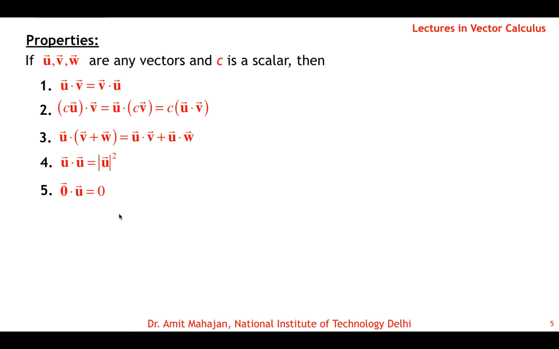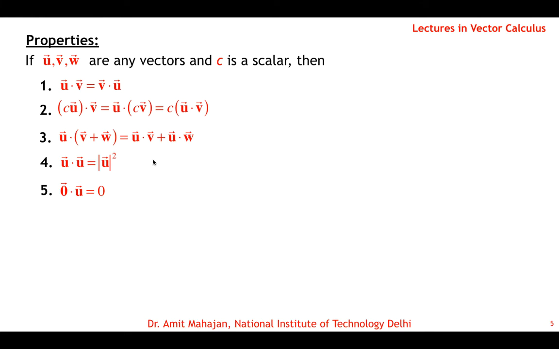Now if we have to do the dot product of the i, j and k vectors, this fourth result immediately says that i dot i will be magnitude of i squared, and the magnitude of a unit vector is 1, so i dot i will be 1. Similarly j dot j will be 1, and k dot k will be 1. The i and j vectors, or j and k vectors, are orthogonal.